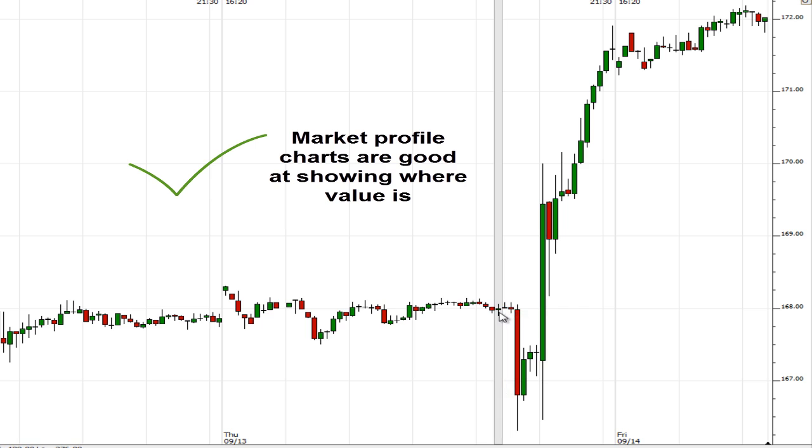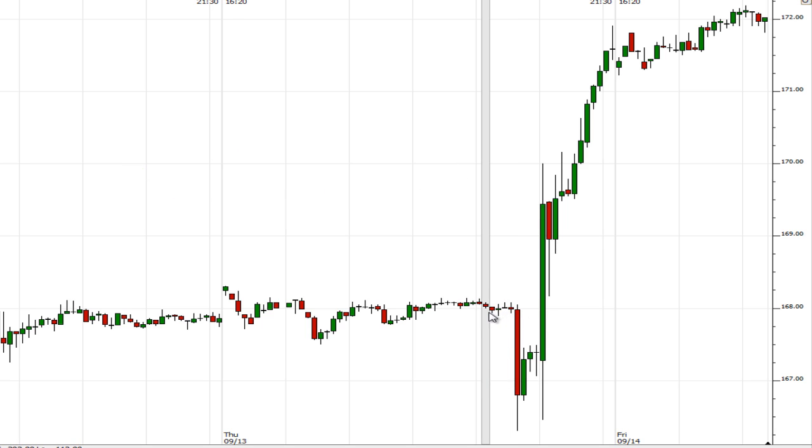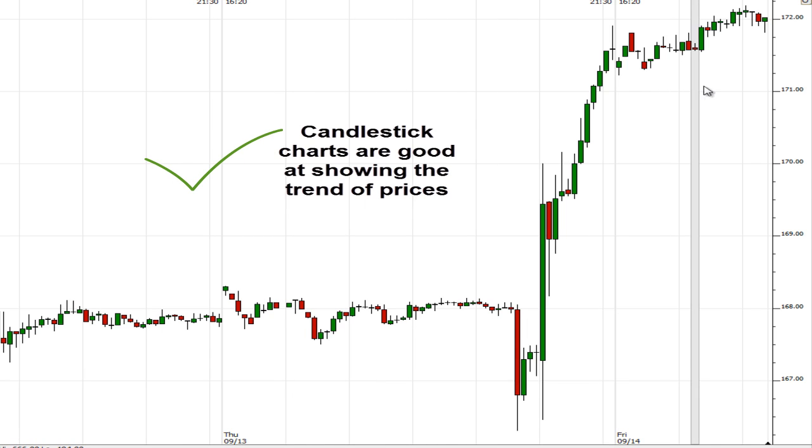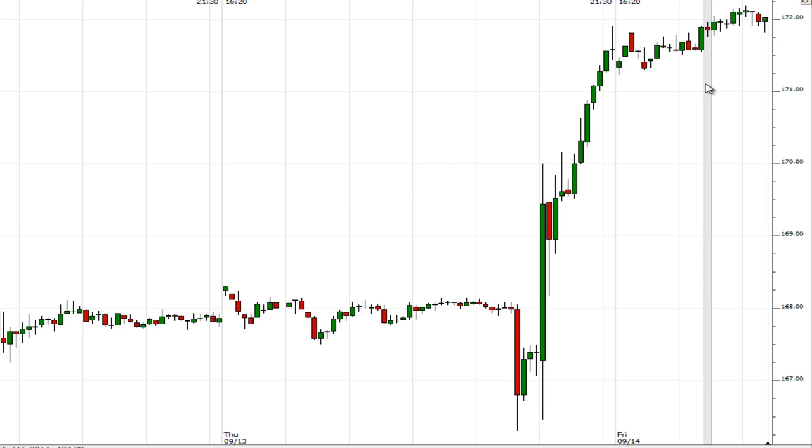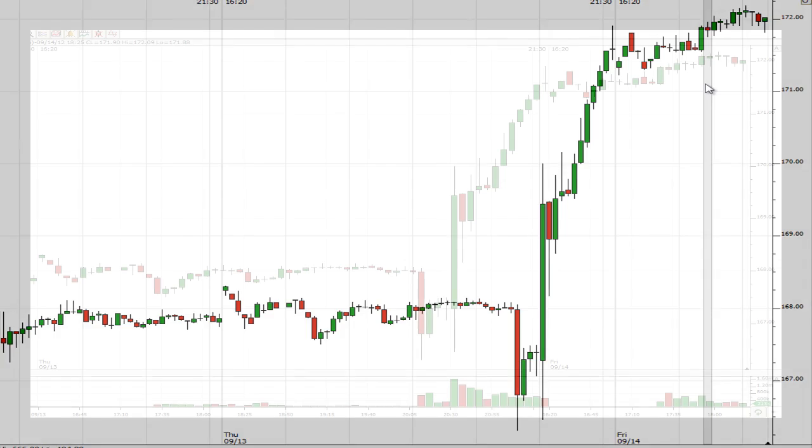You can instantly see where value was and where certain prices were rejected. Whereas this is good for showing you the trend of prices. And we'll find that both of these are very useful. Both of these show you a different angle from which to look at the market, to decipher its patterns and to understand what it's doing and how it's behaving much better.